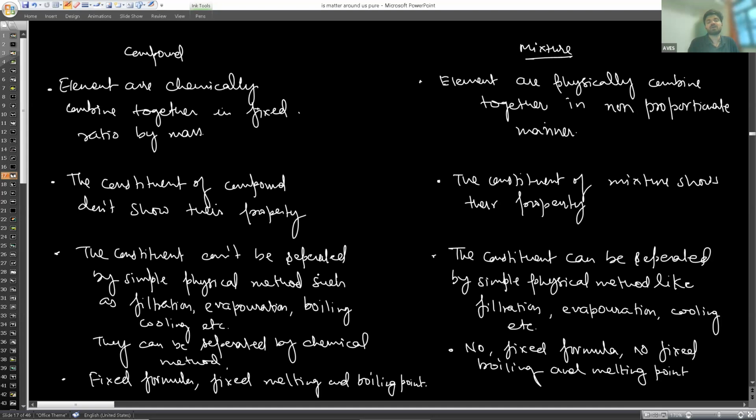The constituents of a compound can't be separated by a simple physical method. This is very important. We can't separate them by a simple physical method. For example, take water. If you start heating it, if it is solid it will get converted into liquid H2O.